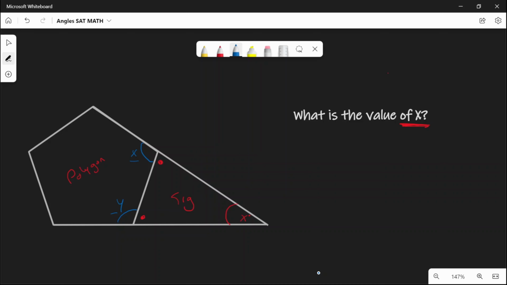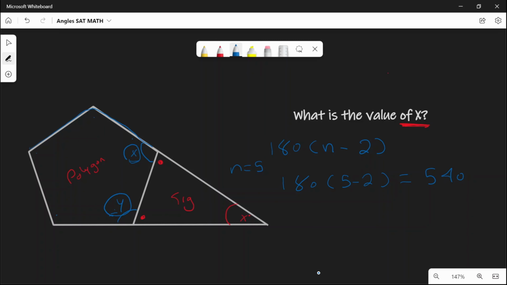So, what is the value of angle x and the value of angle y? We know that this polygon here has 5 angles in total. That's 1, 2, 3, 4, and 5. Now we should apply the formula, which is 180 multiply n minus 2, and n is equal to 5. So 180 multiply 5 minus 2 is equal to 540 degrees. And we want to know the value of x and the value of y.